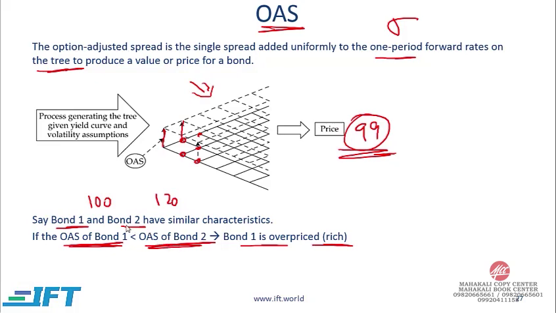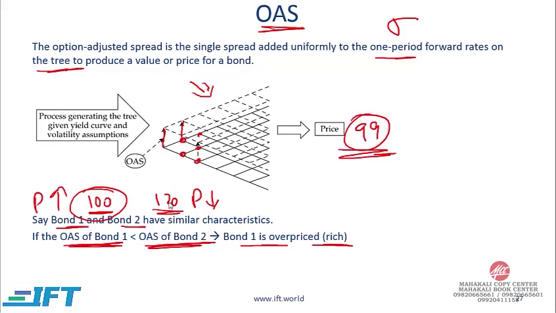And you believe that both these bonds have the same credit risk. Now, when we value the bonds, if we are using an OAS of 100 basis points over the treasury rates, then the price of the bond obviously is being discounted at a relatively low rate, so this price is going to be high, whereas the price for bond 2 is going to be relatively low.